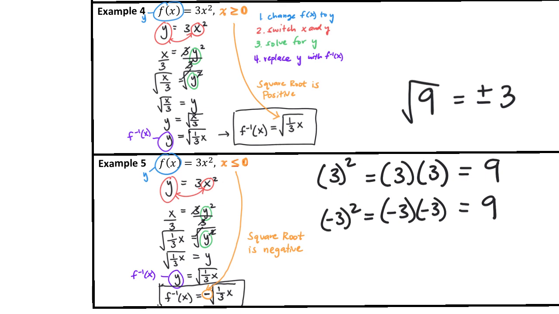So again, this example that I'm doing here has nothing to do with the problems. It's just going back to algebra 1. When we square root a number, it's a positive and a negative answer. So when we're square rooting here and here, it's possible to have a positive or a negative answer. It just depends on the restriction that they give you.